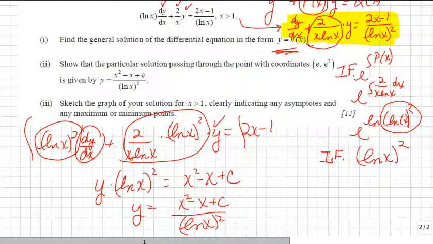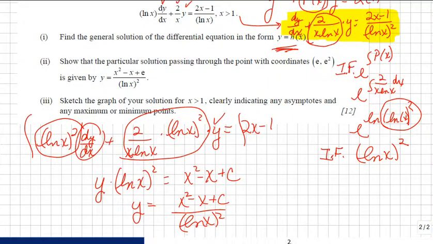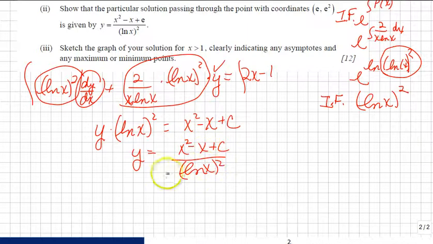Now part 2 is just a continuation. What they're going to have you do is solve for c. So it says show that the particular solution passing through the point with coordinates e comma e squared is given by. So what we're going to do is take this last result of solving the differential equation, and plug in e squared for y, and for x we're going to plug in e.